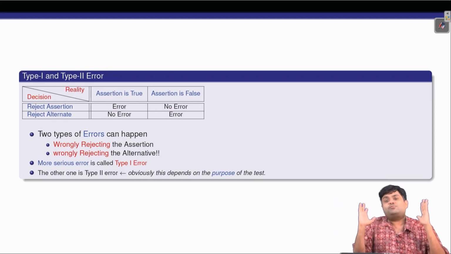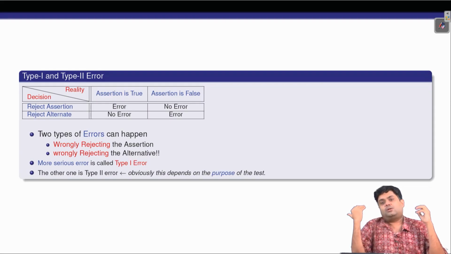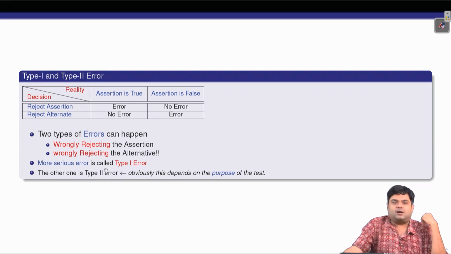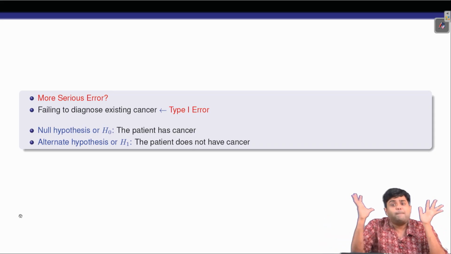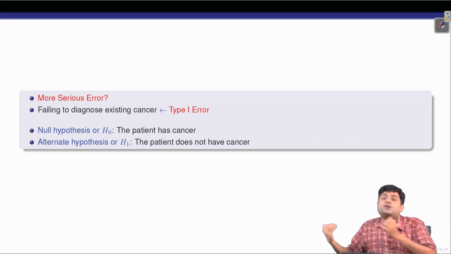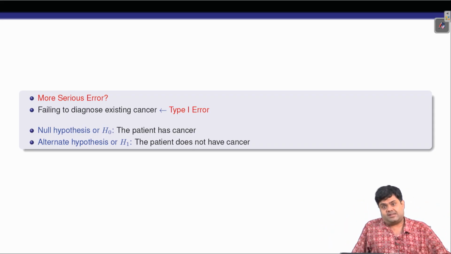So this is something you have to understand. Between two statements, which one is the assertion and which one is the alternate? We call the assertion the null hypothesis and the alternate is the alternate hypothesis. Which one is the null hypothesis and which is the alternate purely depends on the test and what you are trying to achieve from the test.